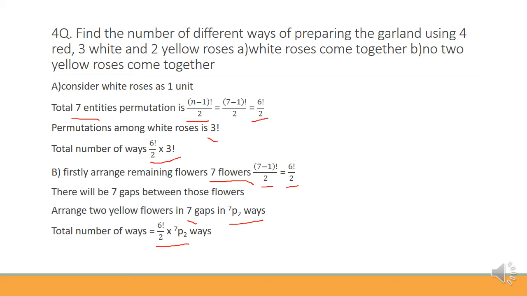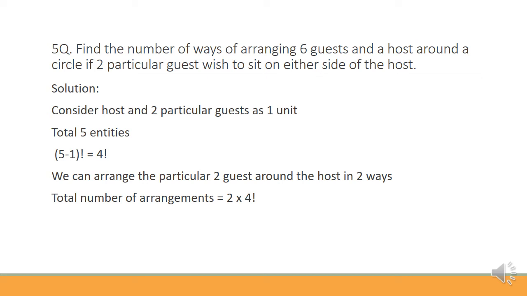Here, find the number of ways of arranging 6 guests and a host around a circle if two particular guests wish to sit on either side of the host. Here, consider the host and the two particular guests as one unit. Along with the remaining guests, it will become a total of 5 entities.